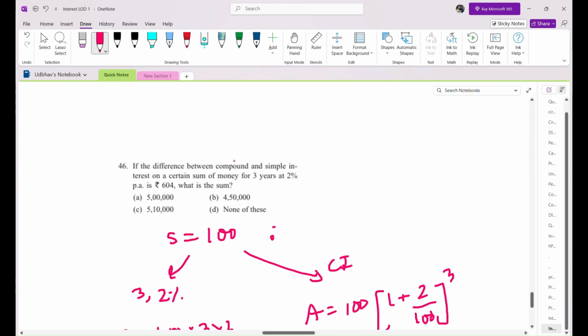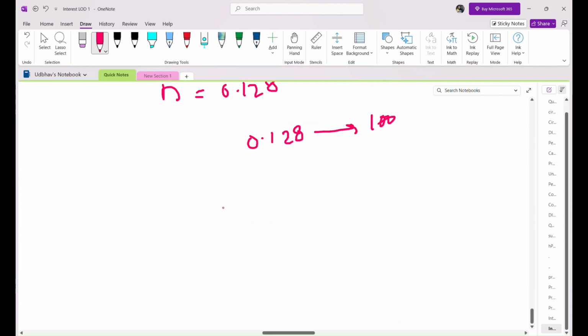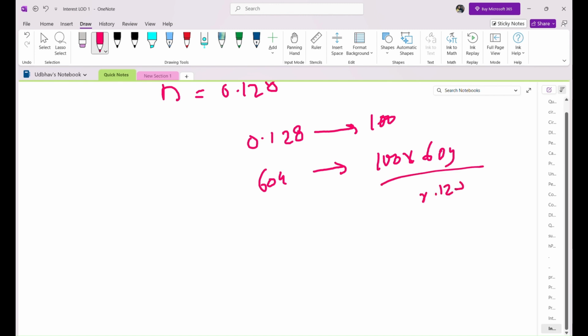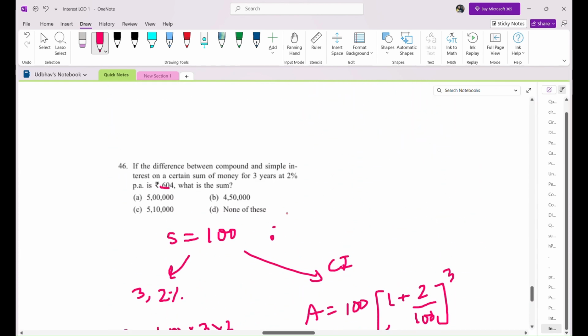When the difference is 604, our sum will be 100 into 604 upon 0.128, which is 471,875. None of these.